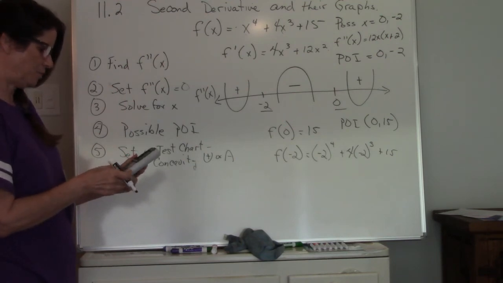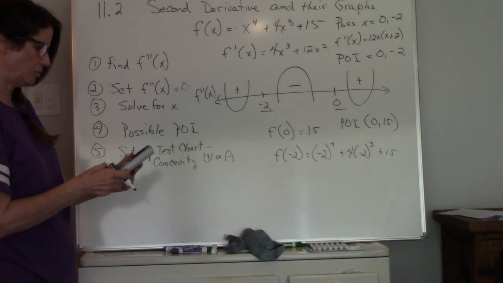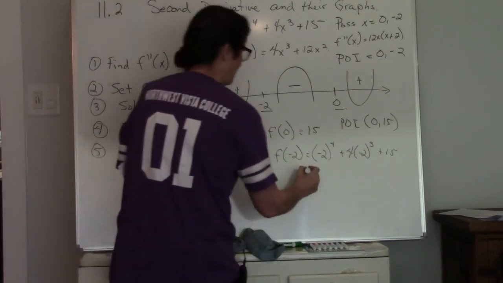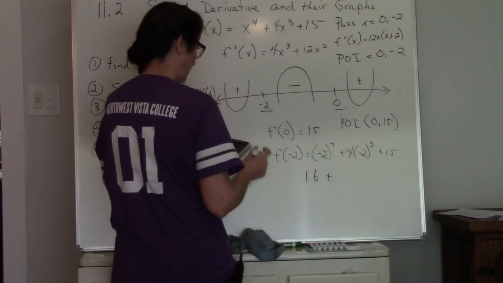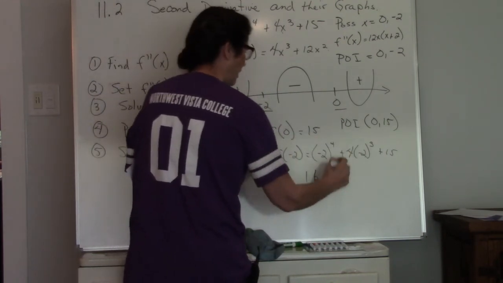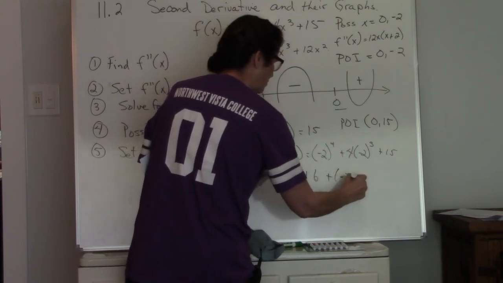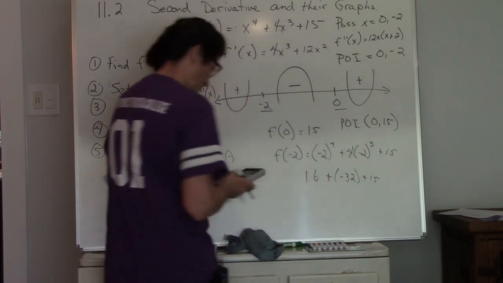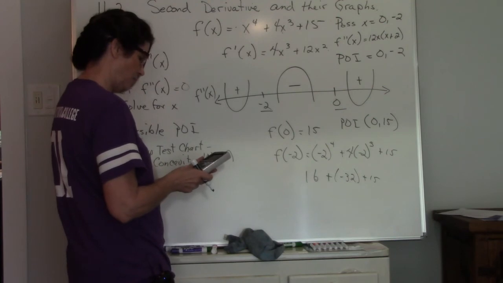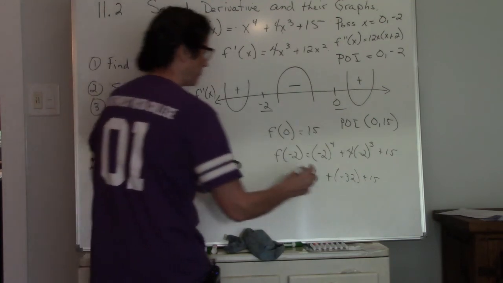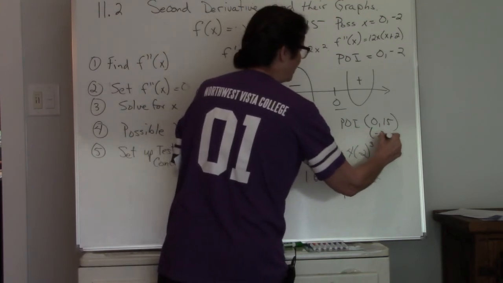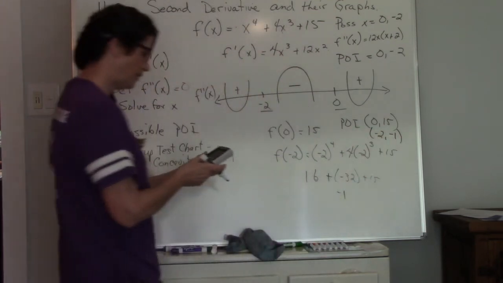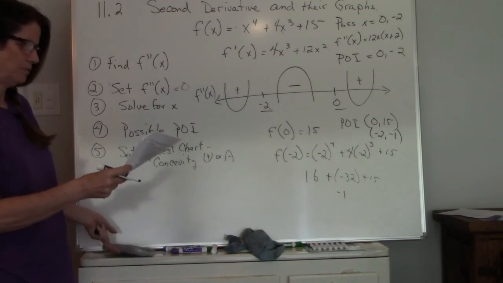Please make sure that you use your parentheses. So this is a positive 16. And then -2 cubed is a -8. So -8 times 4 is a -32, plus 15. So we have 16 minus 32 plus 15, which is a -1.